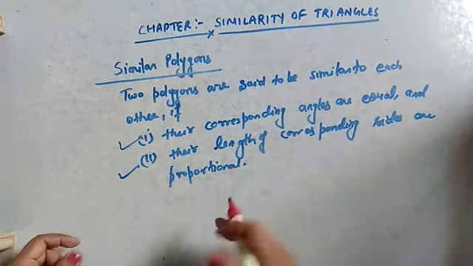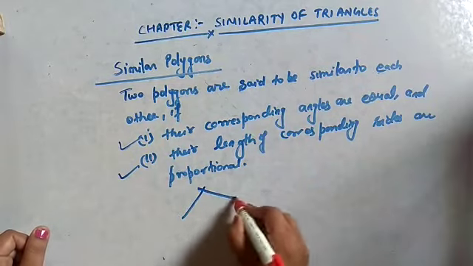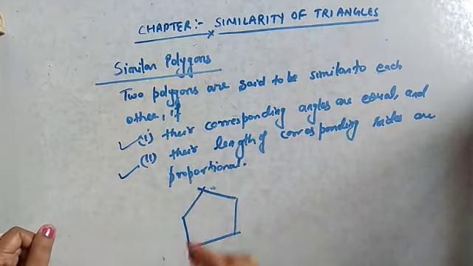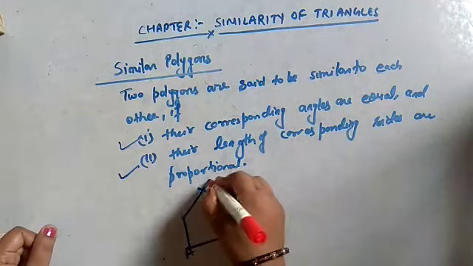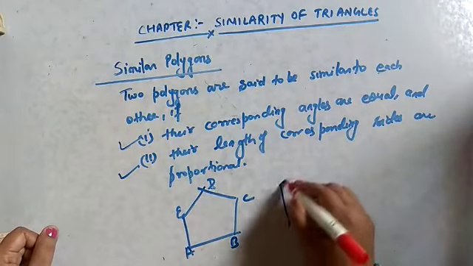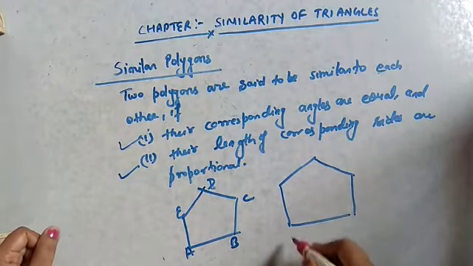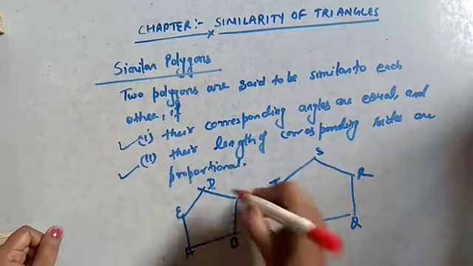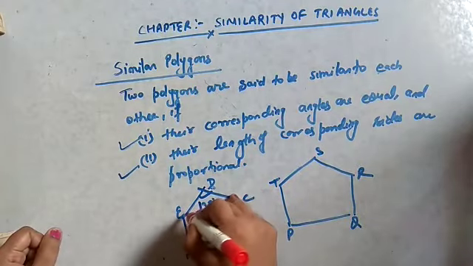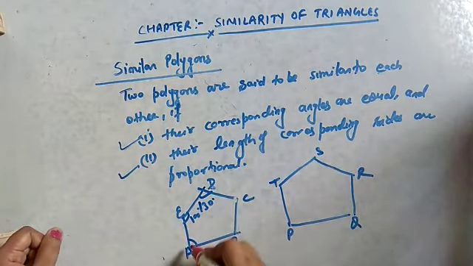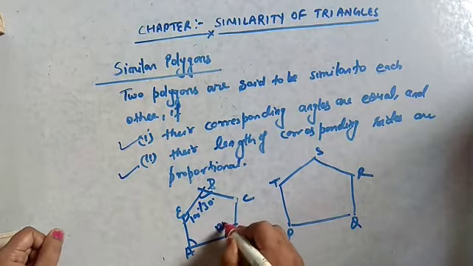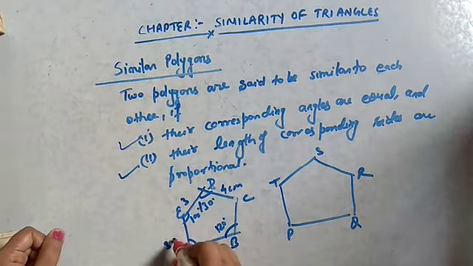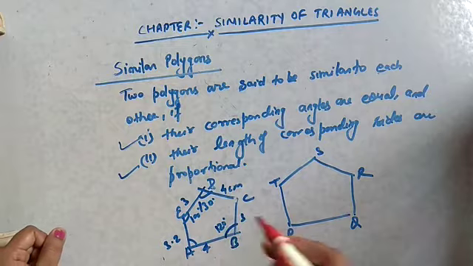So see, I'm explaining this with an example. Suppose I'm taking two pentagons, one A, B, C, D, E, and another pentagon P, Q, R, S, T. Suppose this is angle 130 degree, this is 100 degree, this is 120 degree, this is 4 centimeter, this is 3 centimeter, this is 3.2 centimeter, this is 4 and this is 3.